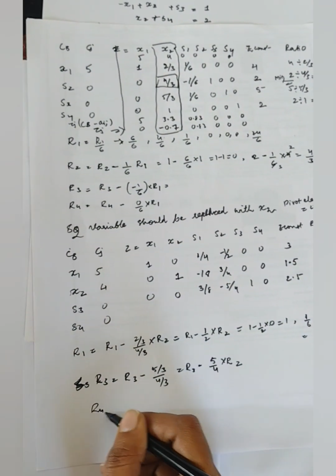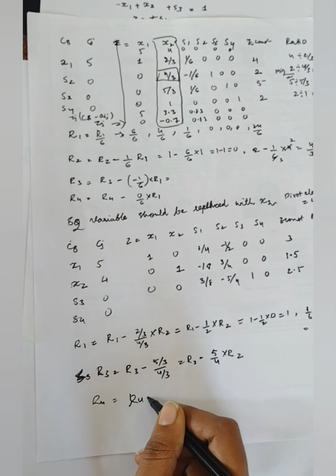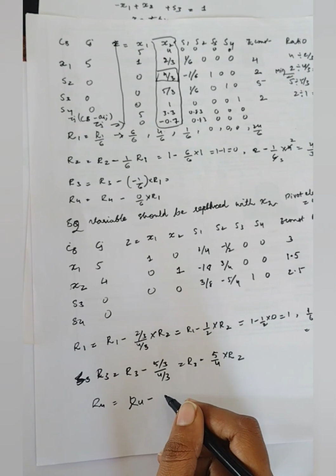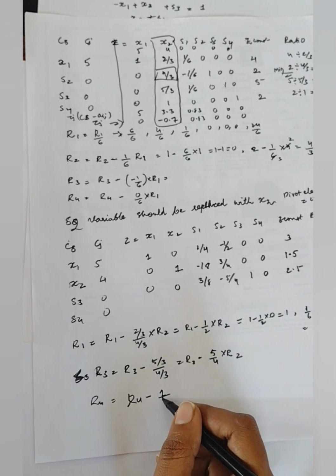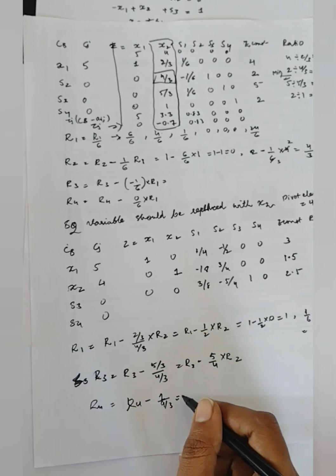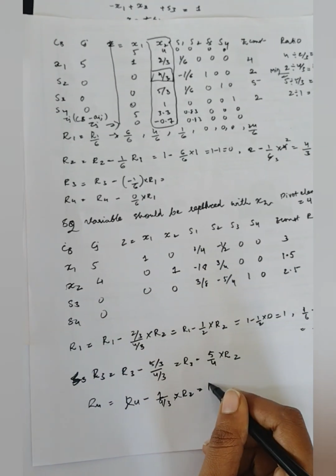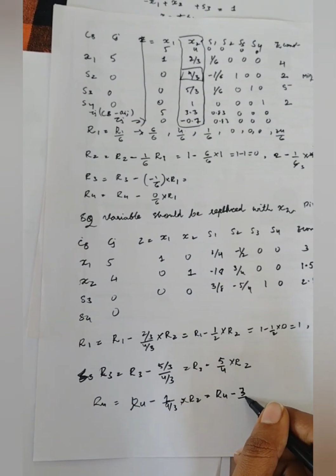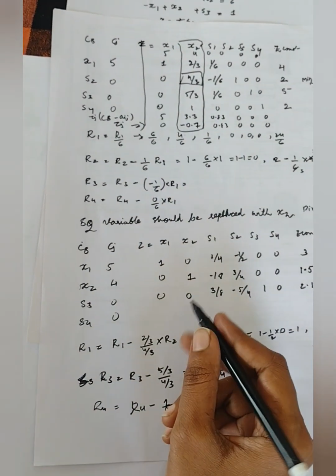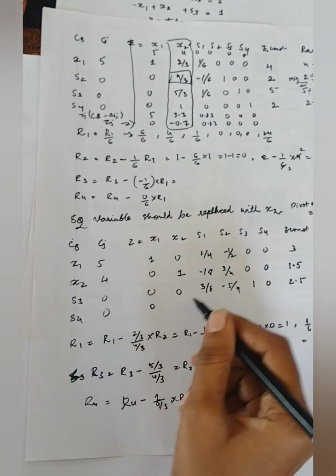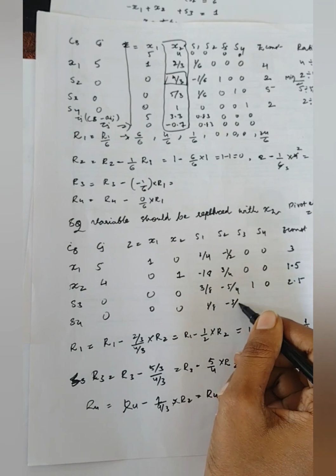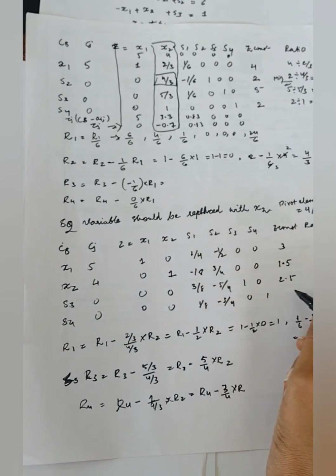Same, now R4. R4 minus 1 divided by 4 by 3 into R2. R4 minus 3 divided by 4 into R2. We get 0, 0, 1 by 8 minus 3 by 4, 0, 1.